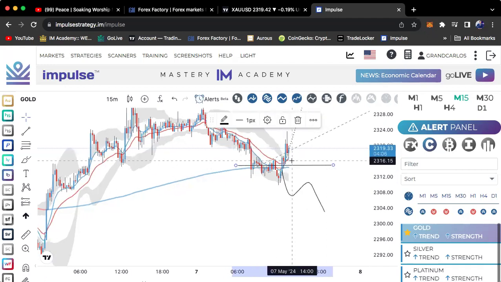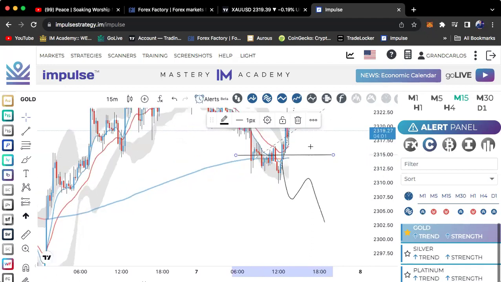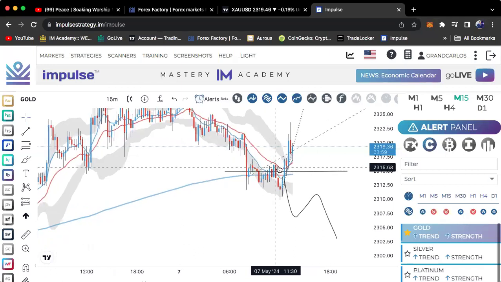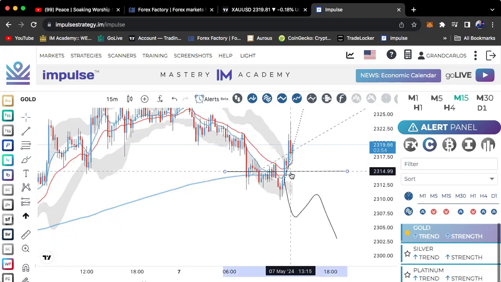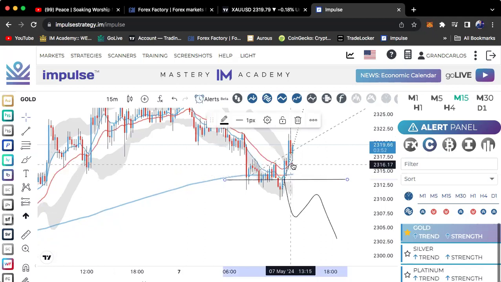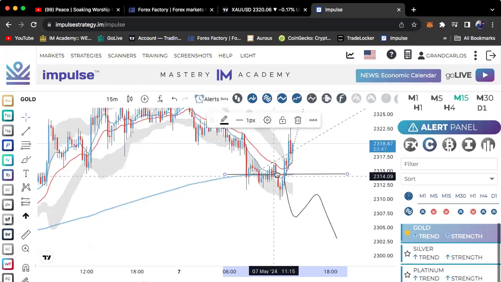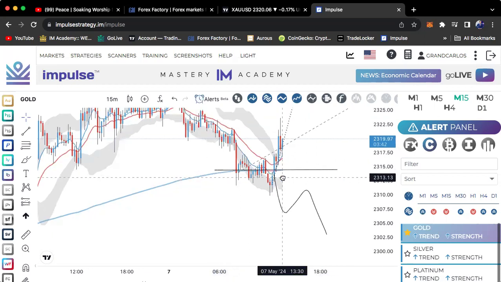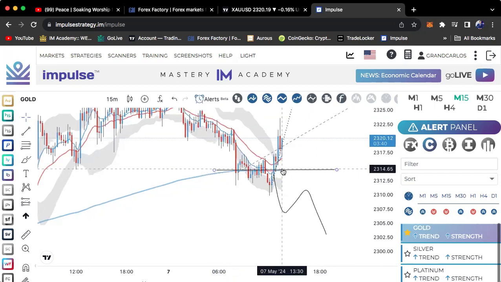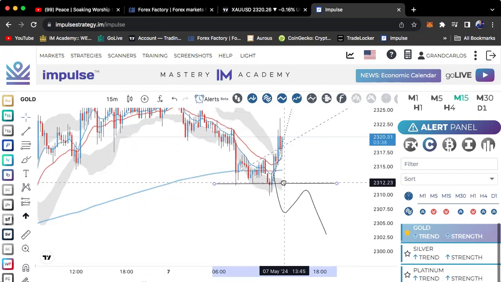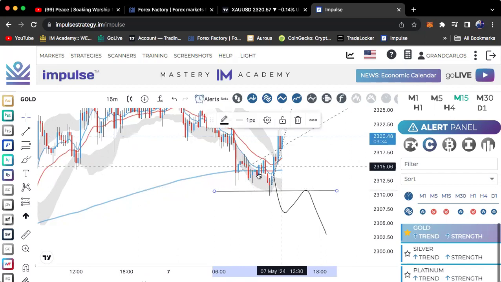And at this point, the secondary EMA lines will be crossing. The red will be crossing the blue, and then it's going to start turning red, at 23.15. But to really confirm it, 23.10, right?